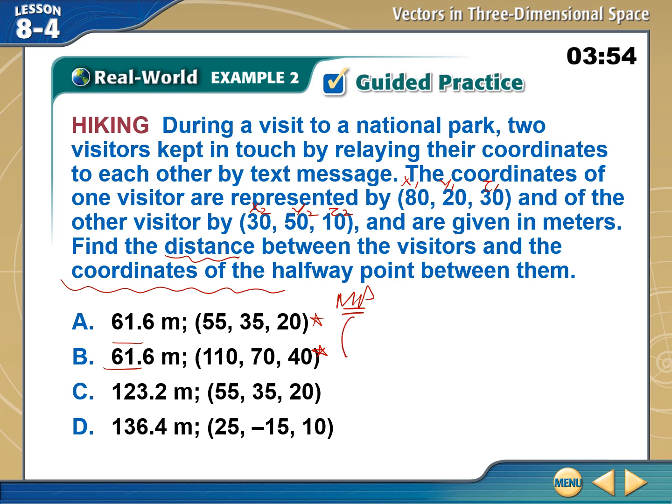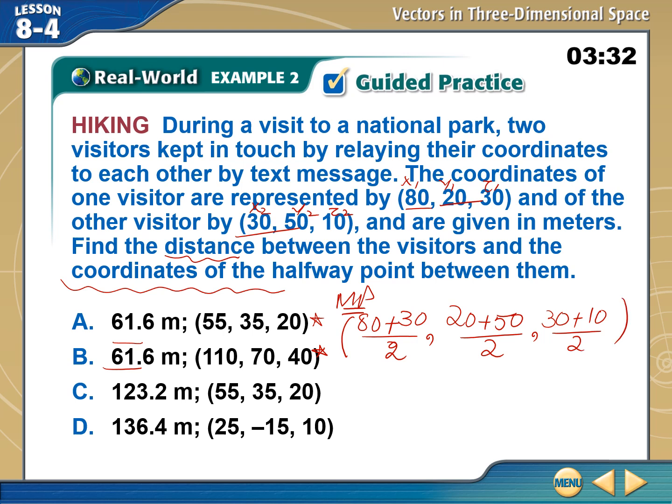So midpoint is x1 plus x2. So x1 is 80 plus x2 is 30 divided by 2. So y1 is 20, y2 is 50 divided by 2. Z1 is 30 and Z2 is 10 divided by 2.